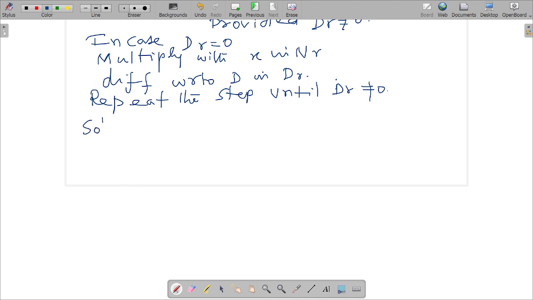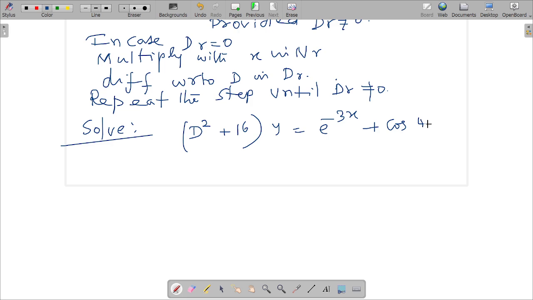Solve d square plus 16y equal to e power minus 3x plus cos 4x. Have we done this problem yesterday? The same problem.